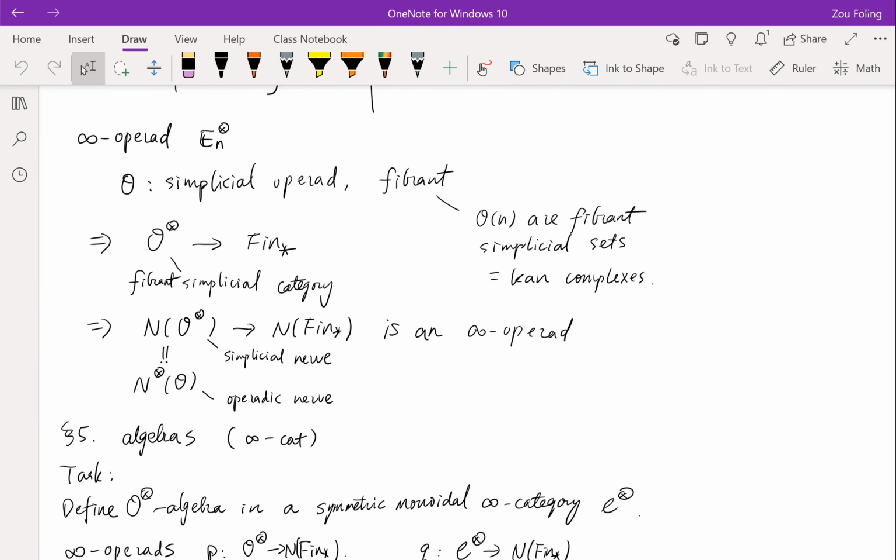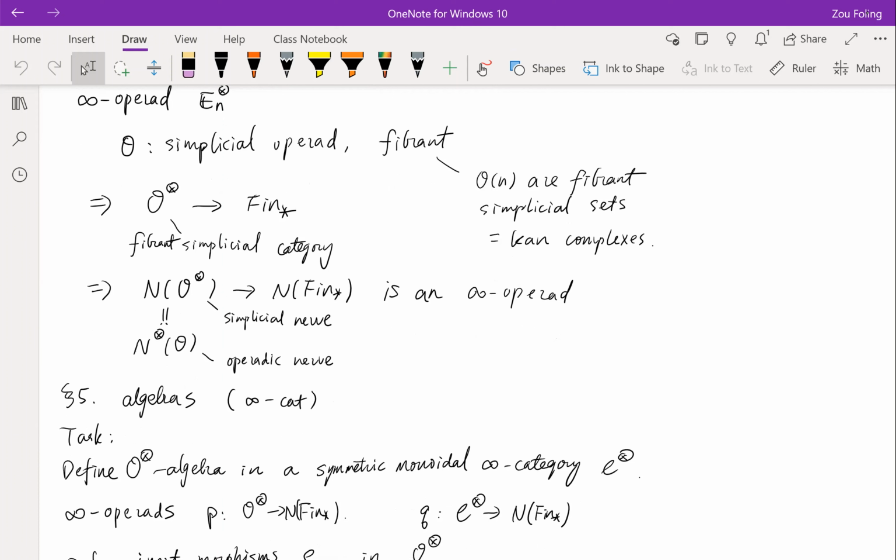Okay, and now my old tensor construction as before is not going to be a single category, but it is going to be a simplicial category. So its mapping objects are not just mapping sets, but mapping simplicial sets, and they are all fibrant simplicial sets.